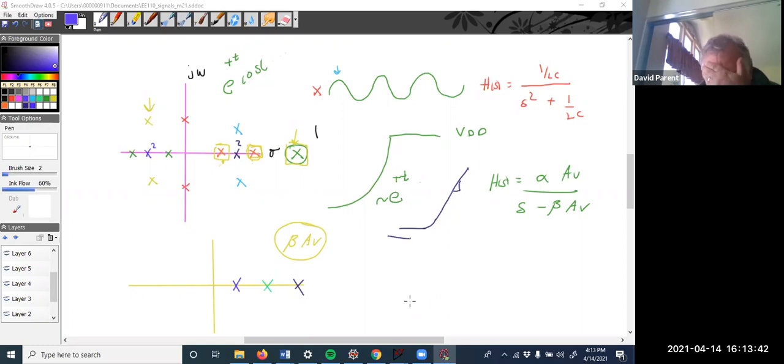But again, if you need gain, you're going to need essentially a summer that's only summing one signal and provides gain. And what do I mean by that?